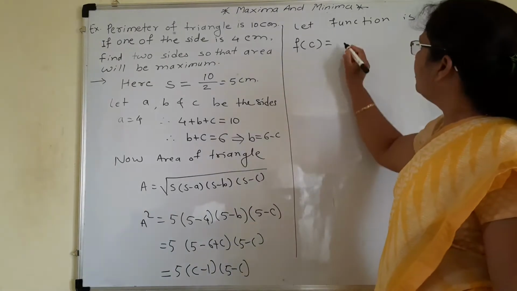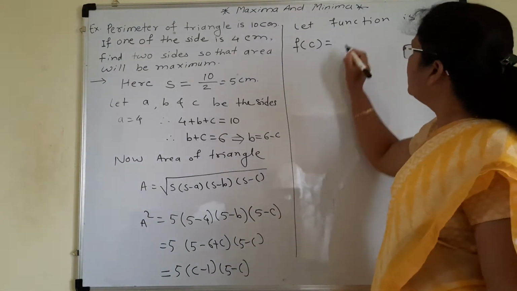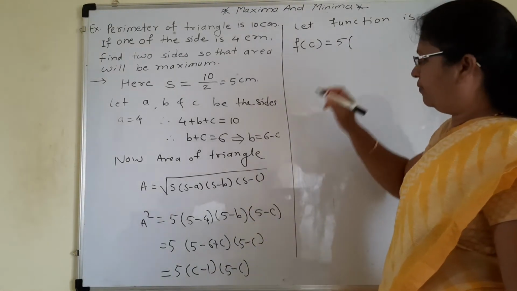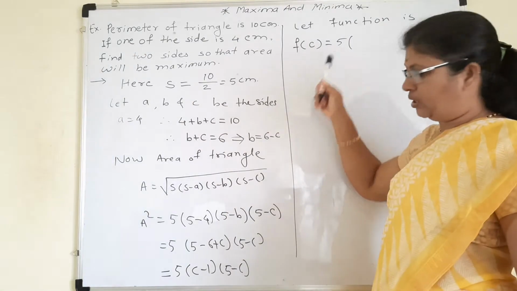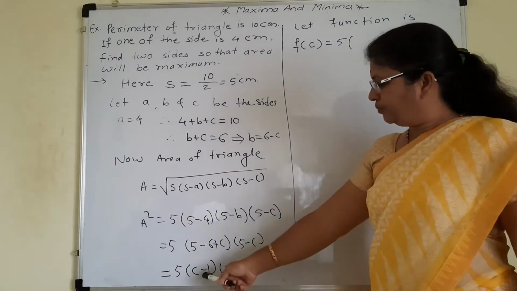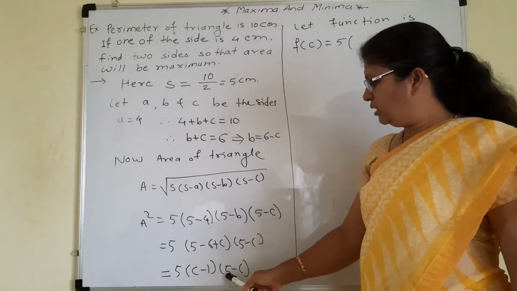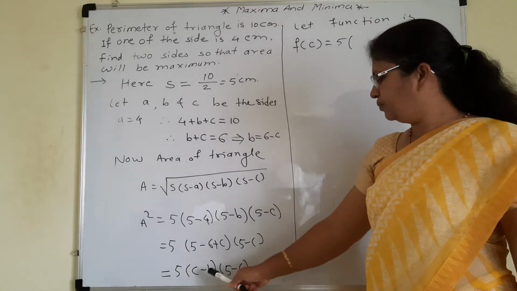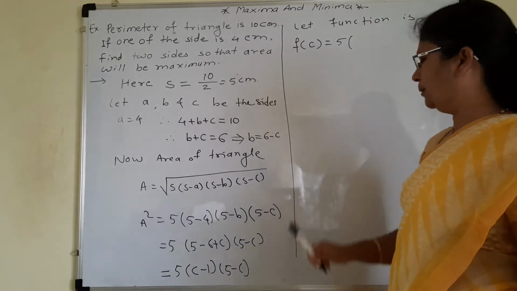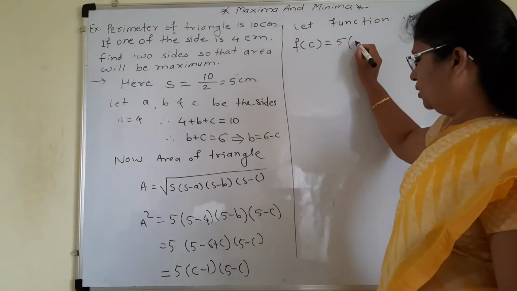So the function will be 5 into the product of these two brackets. 5 is kept as it is, a constant, but the product of these two will be 5c minus c square minus 5 plus c.